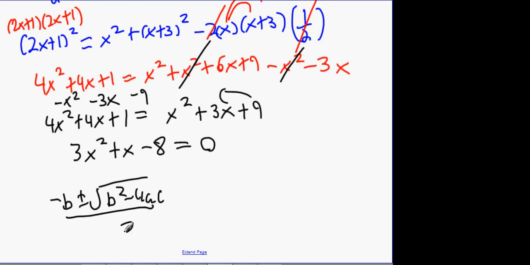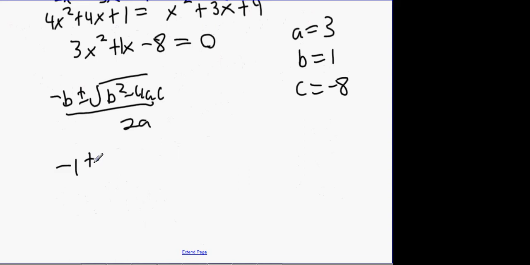This is where you make up your time, lads. You remember the interpretation of the question. You don't even try a reference number because you know before you even start it's not going to work. That saves you a minute or 2, and it all adds up at the end. So now you're going to get minus 1 plus or minus the square root of, somebody on their calculator here, 1 squared minus 4 times 3 times minus 8, all in one go.